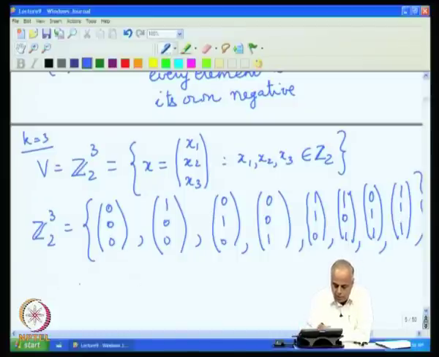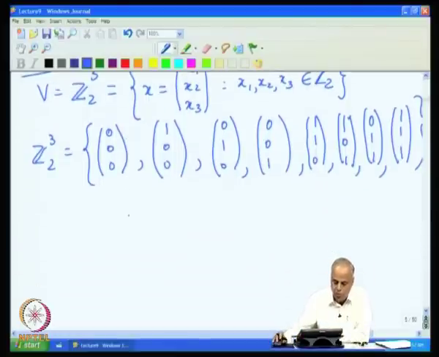Now, on this Z 2 cubed, just like the addition in R induced an addition in R k, the addition in Z 2 induces an addition in Z 2 cubed.